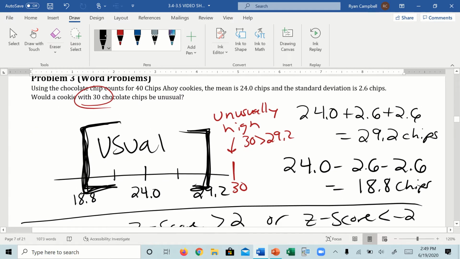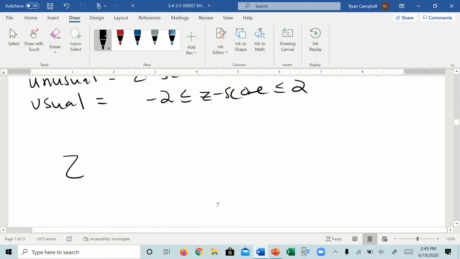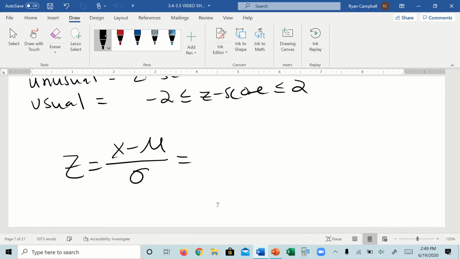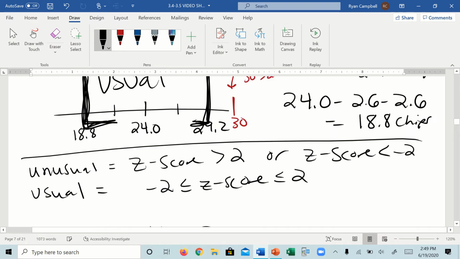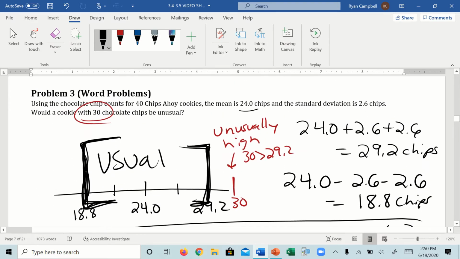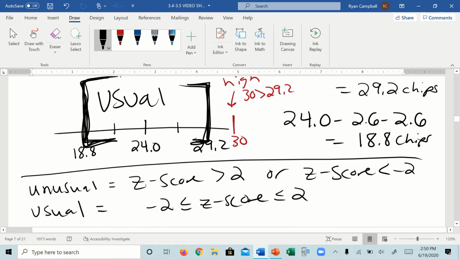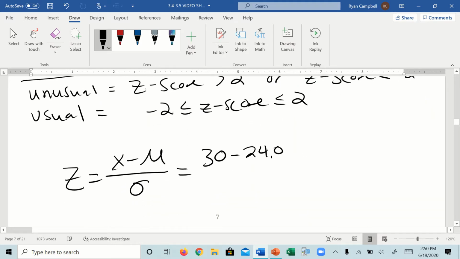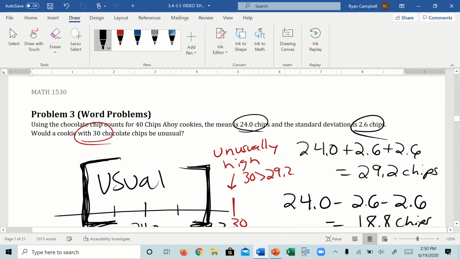So we want a z-score of 30. So if we go back to our problem, right? For the z-score, we have the value minus the mean divided by the standard deviation. So the value was 30. The mean is 24.0. And the standard deviation is 2.6.